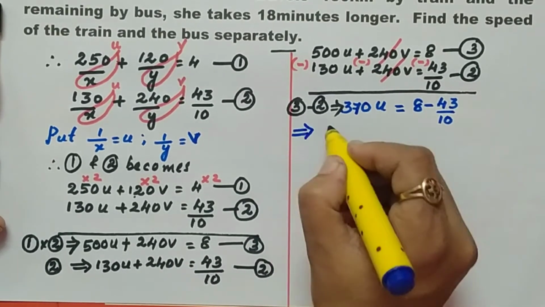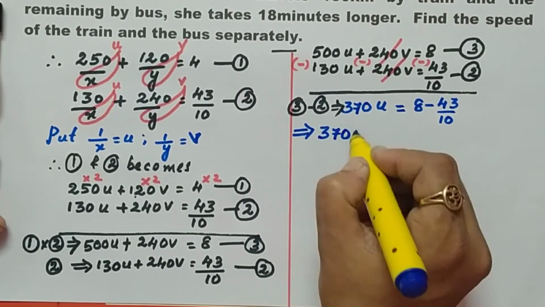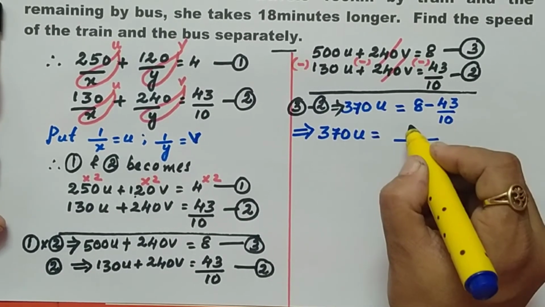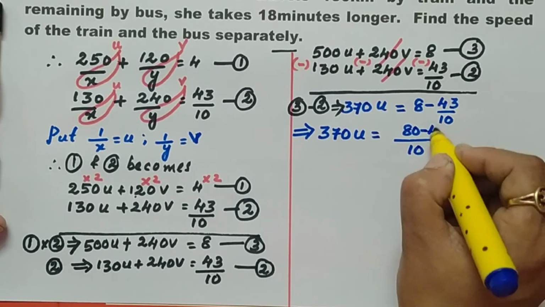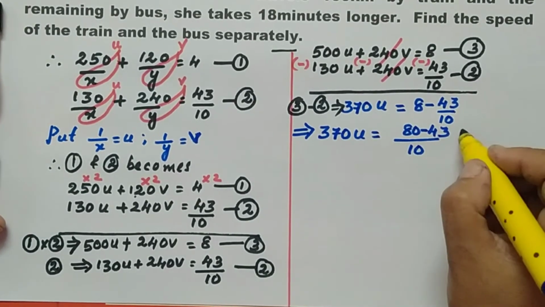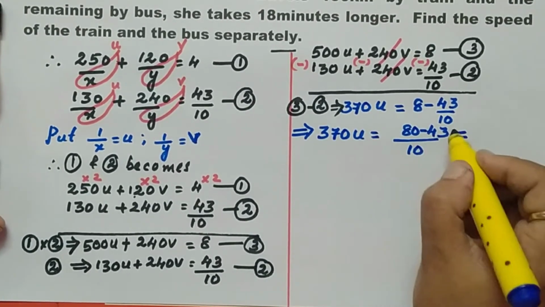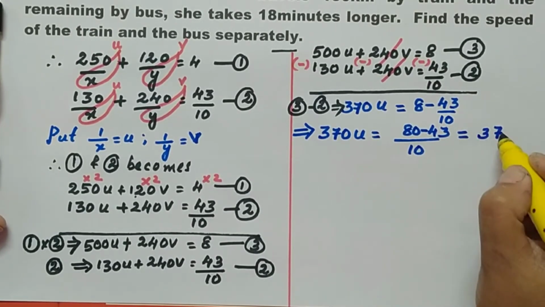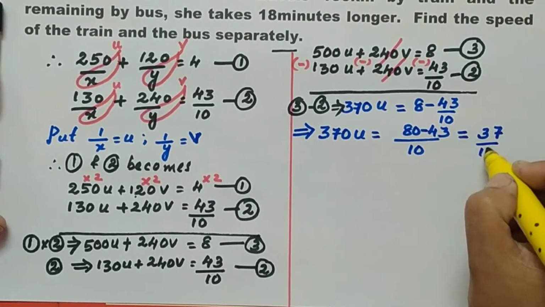Which implies 370u equals, you can take LCM 10, 8 into 10, 80 minus 43. 80 minus 43 is 37, by 10, 37 by 10.